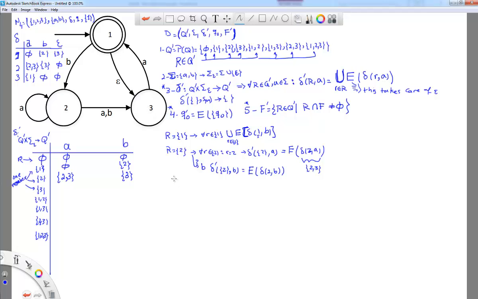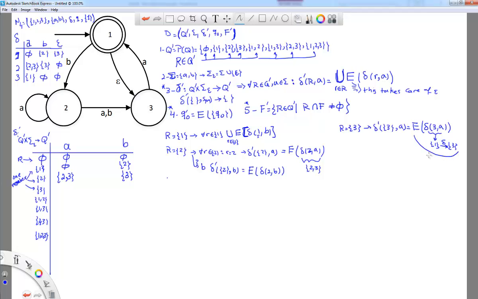How about 3? If R is equal to set 3, then delta prime of set 3 and A is going to be the epsilon transitions after the delta of 3 and A. So delta of 3 and A goes to 1, and then 1 over an epsilon arrow is going to go to 3.